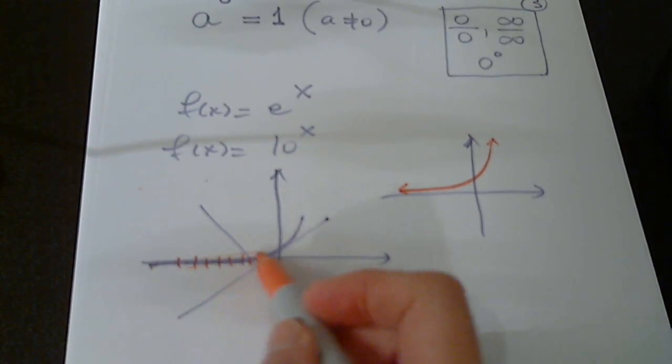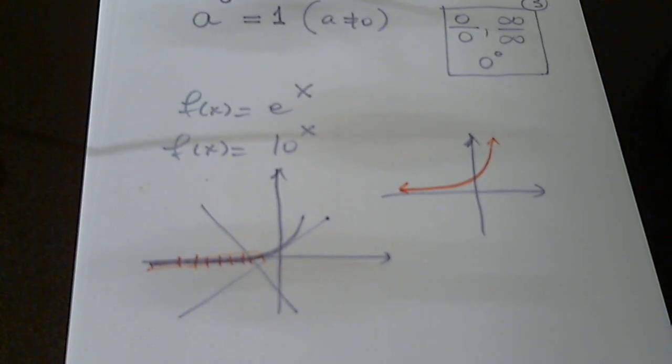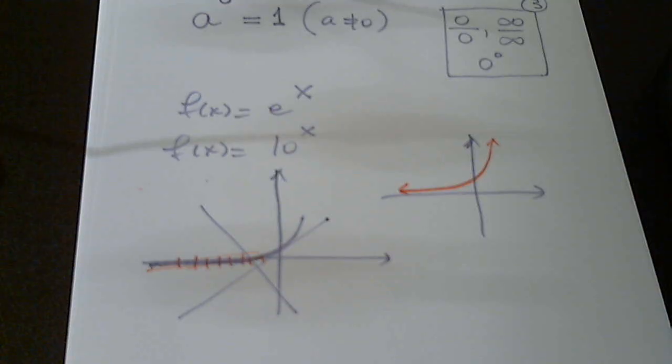So please do not graph something like this. Okay? This is how the graph looks, at least from a distance. Blue and red are overlapping each other from -10 to -1, and then all of a sudden they take off. The higher the base, of course, the closer the graph is to the y-axis.